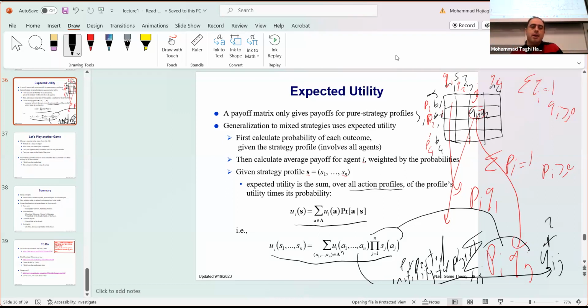So later we are talking more about these games, and we talk about some kind of solution concepts. So what's the meaning of solution concepts? The whole idea is that you have this matrix.